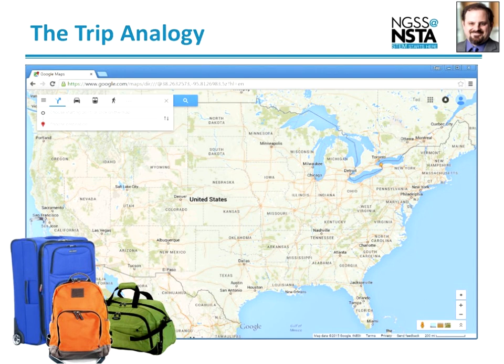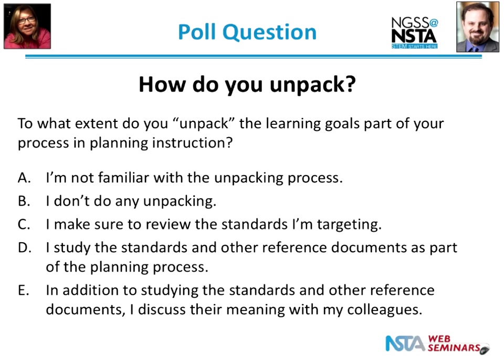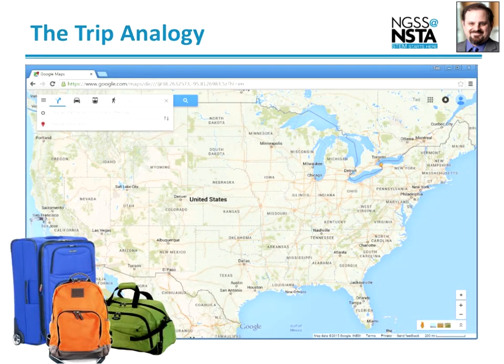If I gave you directions from my house to the place where the NSTA national conference is going to take place in LA, you probably couldn't use those turn-by-turn directions, because I doubt you live on my street. So we need to really think about where your students are starting and where you want your students to end up. And so we have to think about unpacking those standards. And that's why I have my NGSS designated suitcases right here.